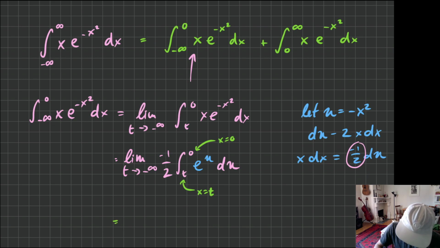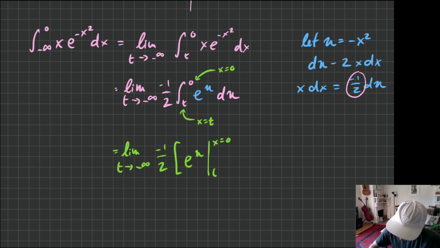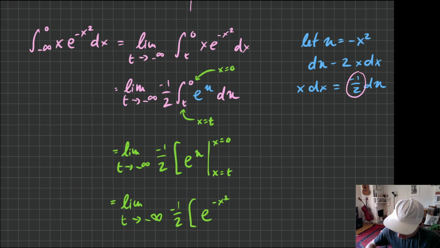So let's see here. This is equal to the limit as t goes to negative infinity of negative 1/2 of e to the u, going from x equals 0 to x equals t, and let's bring that back to negative x squared. So this is the limit as t goes to negative infinity of negative 1/2 e to the negative x squared from t to 0.